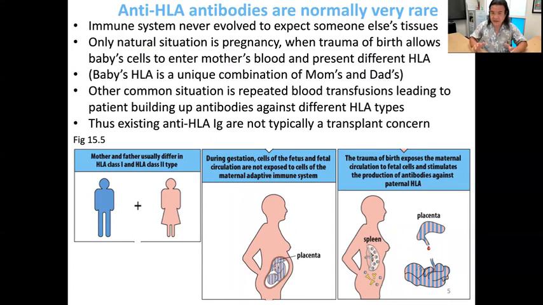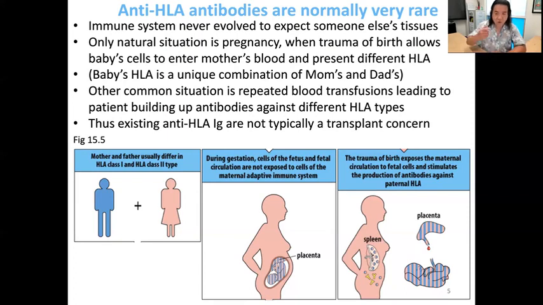So right off the bat, HLA signals are probably not something your immune system is already busy building antibodies to. Consider also that somebody else's HLA type has no business being inside your body in the first place, so there's no reason your immune system would have previously selected for antibodies against some other HLA type.